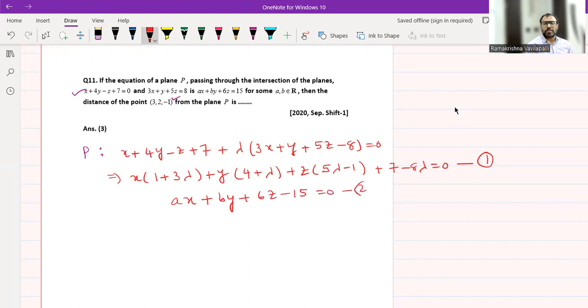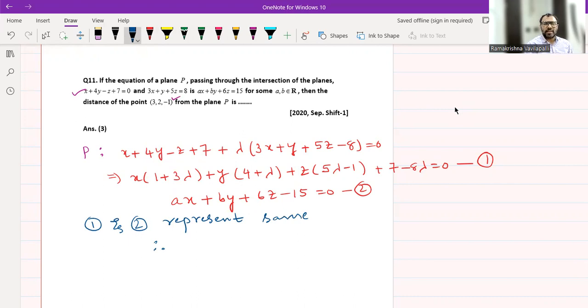Now 1 and 2 represent the same plane. Represent same means they must be identical. So when they are identical, the ratios of x, y, z and constant are all equal.